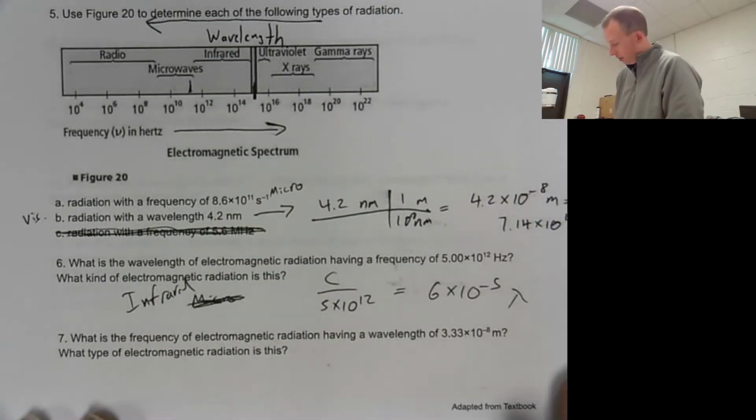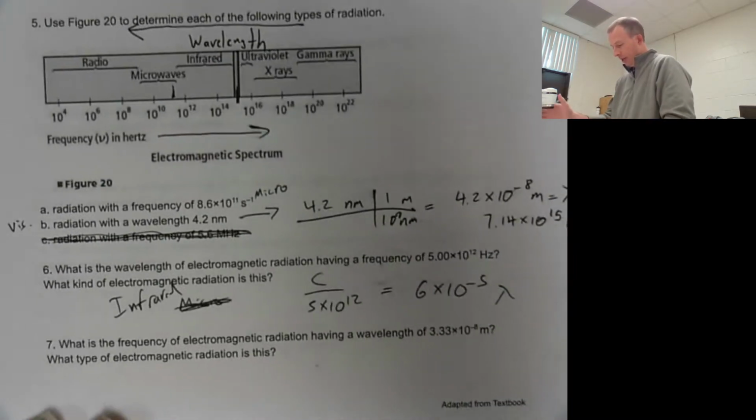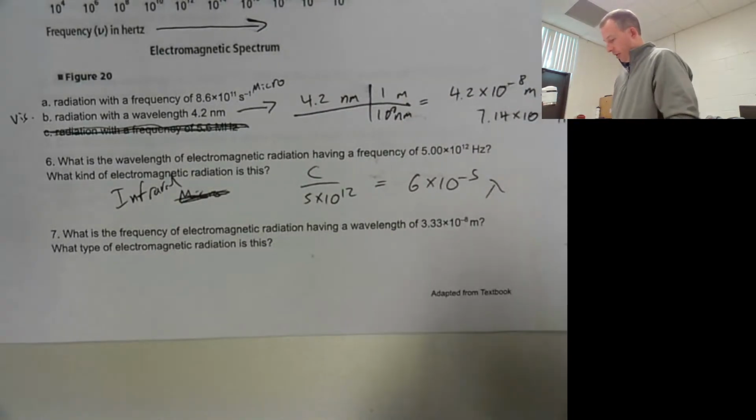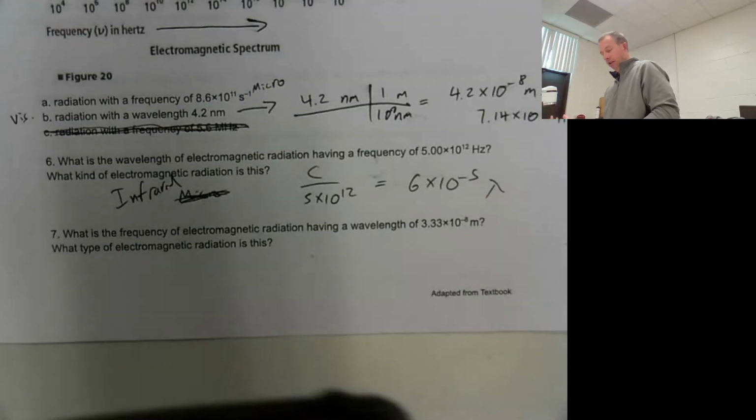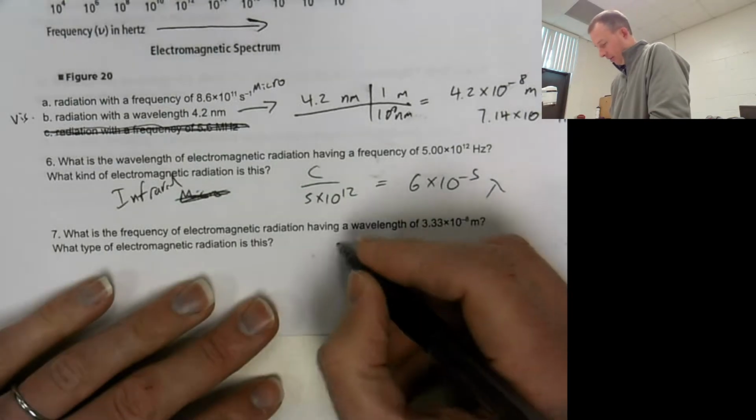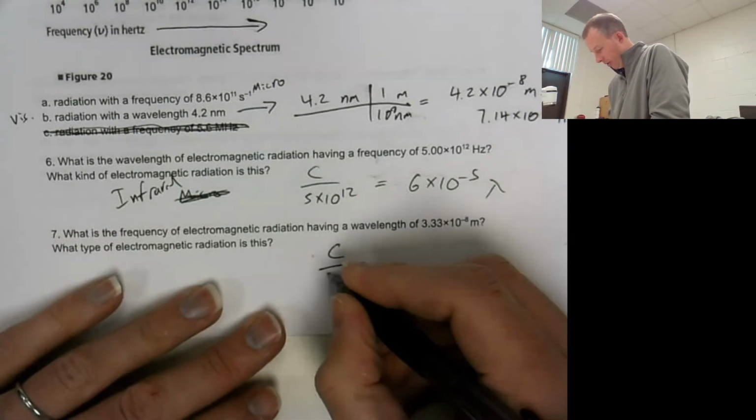Keep going. What is the frequency of electromagnetic radiation having a wavelength of this? Same deal. If you're starting to realize, if you're given a frequency or a wavelength and it wants the other one, all you do is C divided by whatever it is.